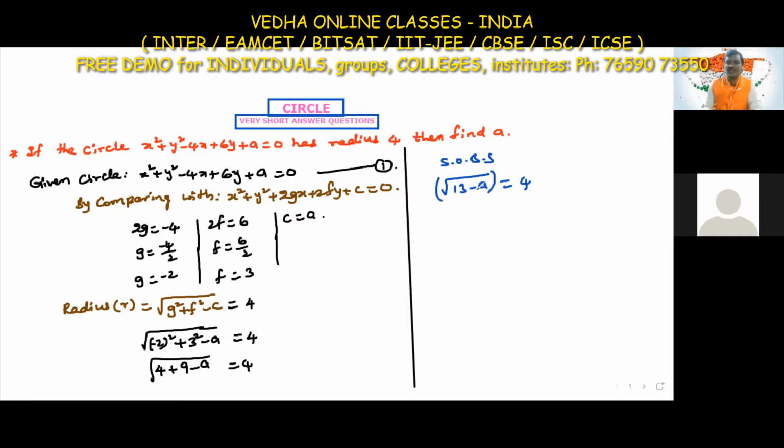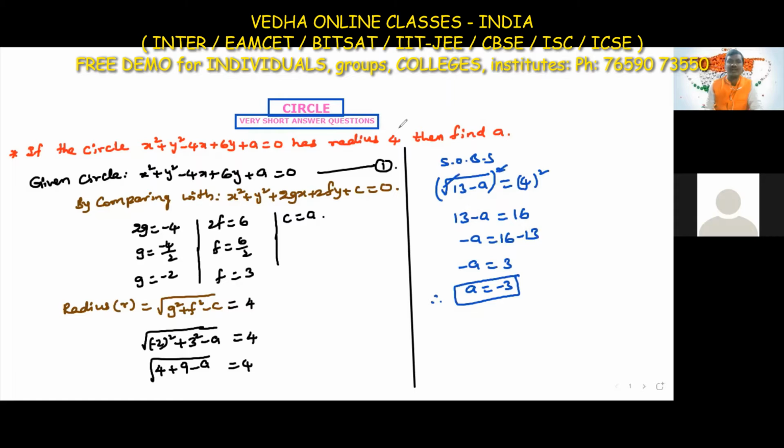If we square on both sides, the square root gets cancelled. That means 13 minus a is equal to 4 square, 16, and minus a is equal to 16 minus 13. Minus a is plus 3, and the value of a is minus 3. So the final answer: the value of a is minus 3.